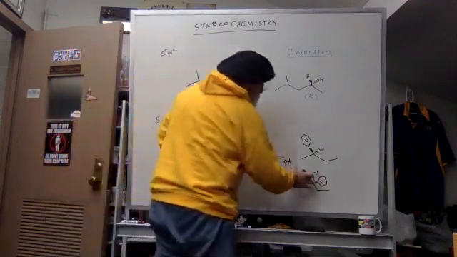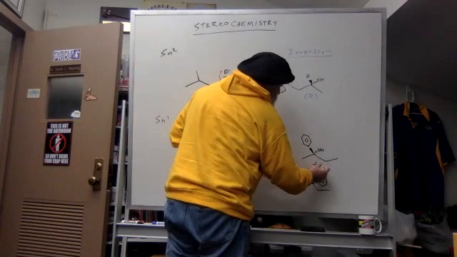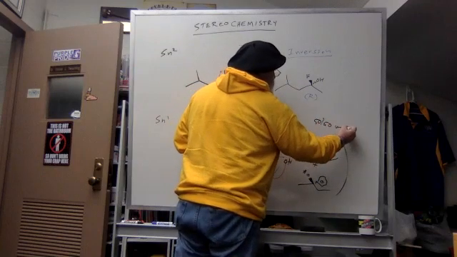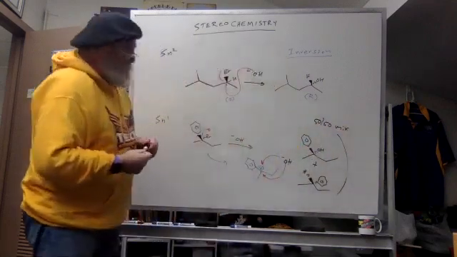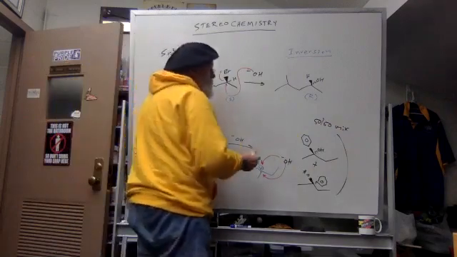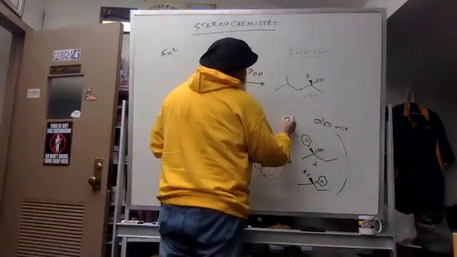And that's a 50-50 mix. That's a racemic mixture. So SN1 always gives us a racemic mixture if the leaving group's at a chiral center.